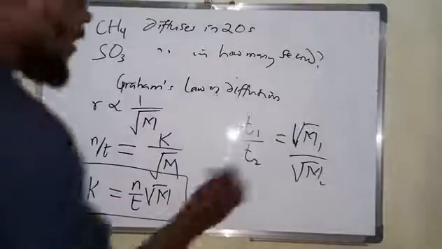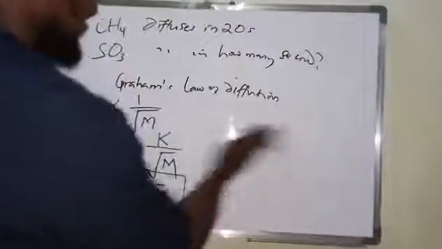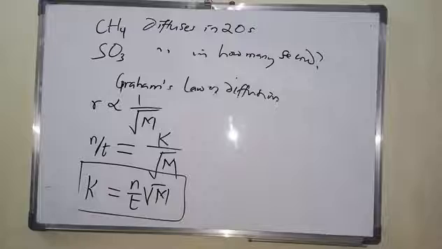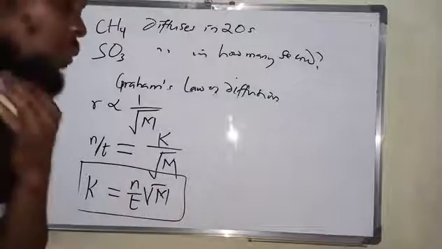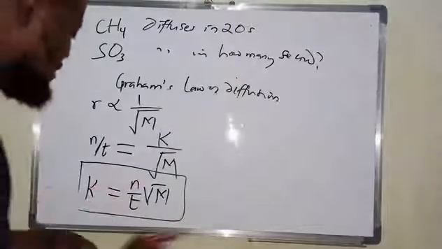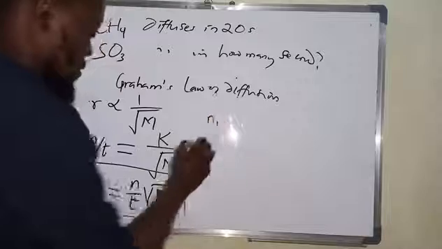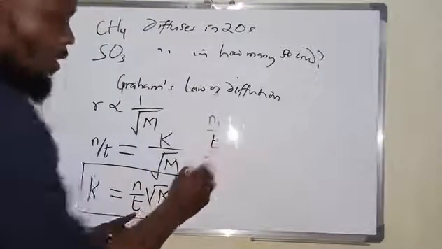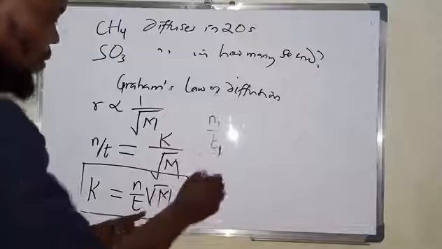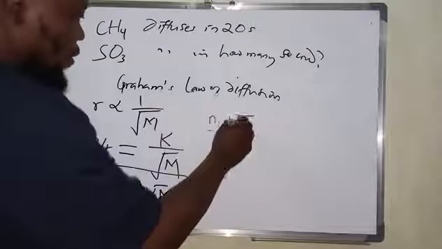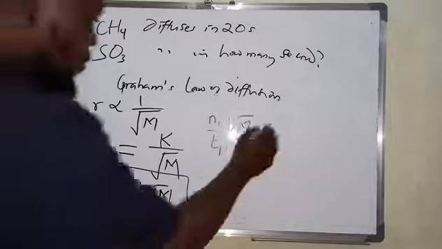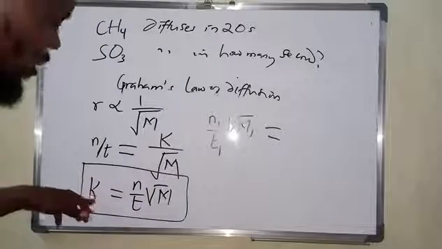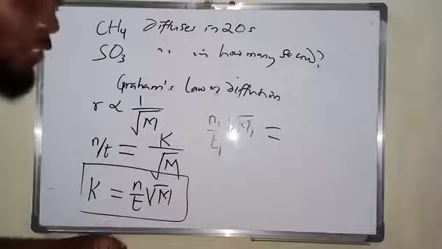So if you are comparing two gases of the same volume, gas one will have N1 moles, the time it takes gas one to diffuse will be T1, and the molar mass of gas one will be M1. This is a constant, and it will be the same constant for the other gas of the same volume.